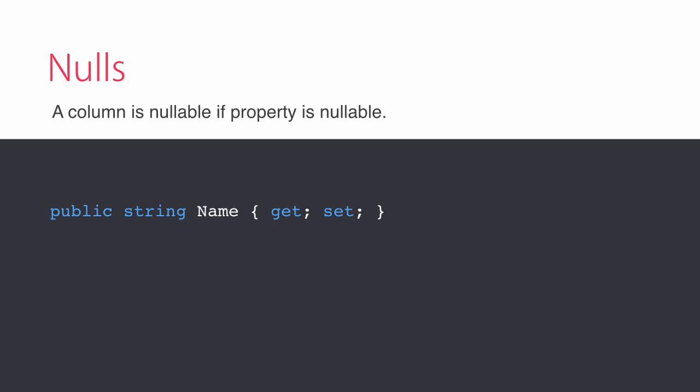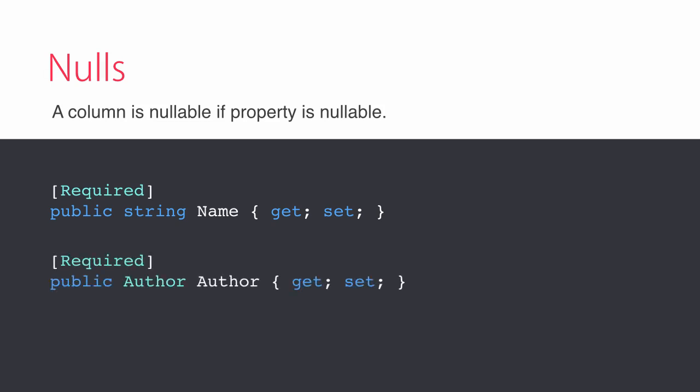So in this case, we need to apply the Required attribute to tell Entity Framework to mark this column as not nullable. Just to clarify, this is simply an annotation or metadata. It doesn't stop you from assigning null to this property in your C# code. But at runtime, when you try to save a Course object, you're going to get a runtime exception from the database telling you that the Name column cannot accept null.